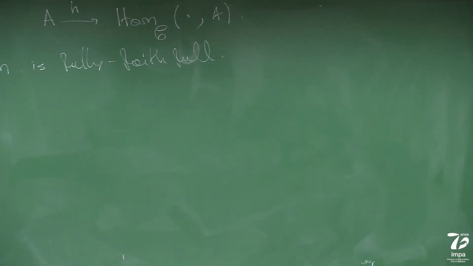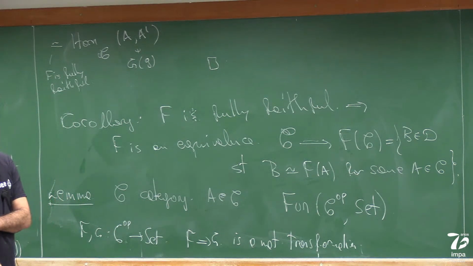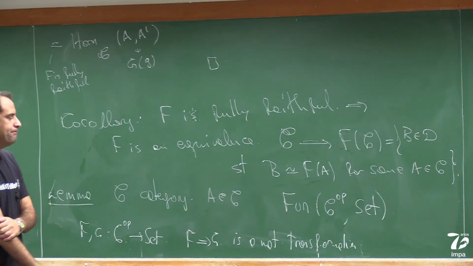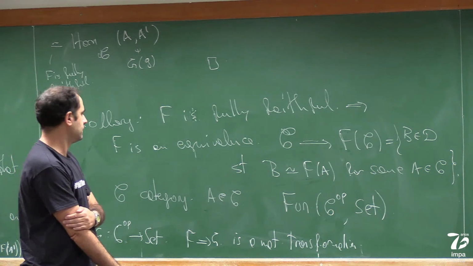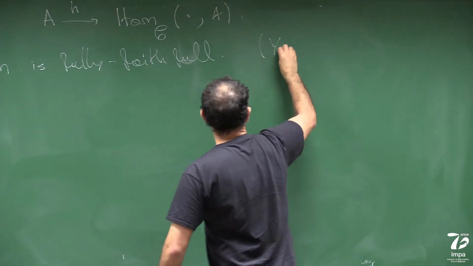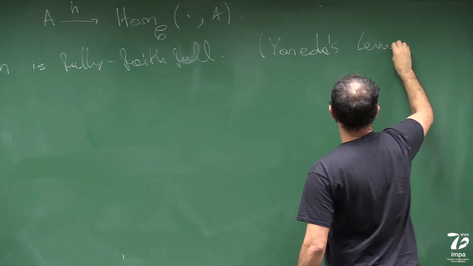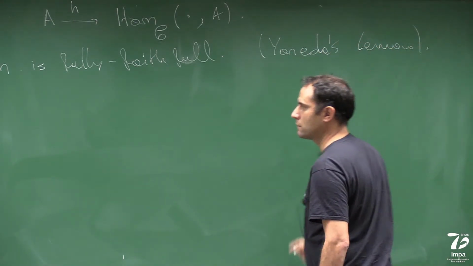Again, my categories are all small. I don't want to deal with non-sets. So this is Yoneda's lemma. It can be strengthened, but I only need this.